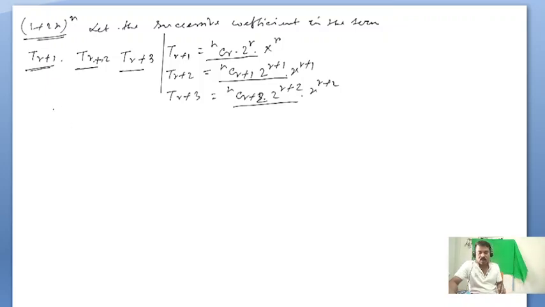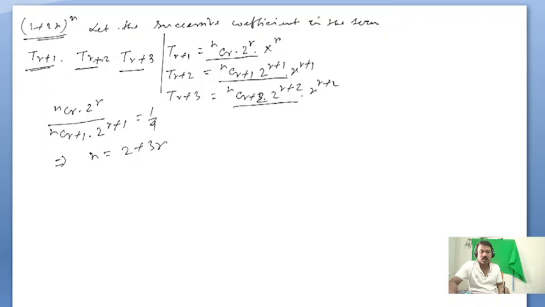So now we have ncr into 2 to the power r divided by ncr plus 1 into 2 to the power r plus 1, that is equals to 1 by 4. Okay, after calculating we get n equals to 2 plus 3r here.